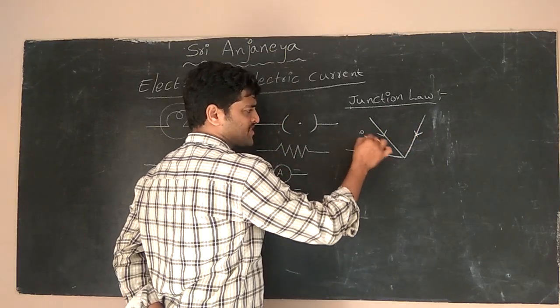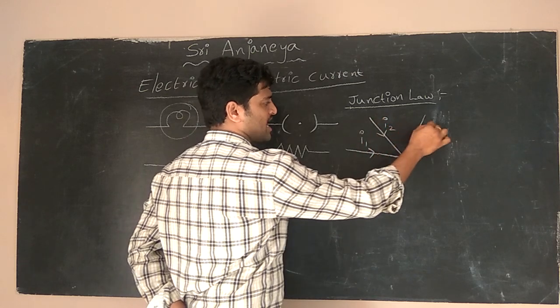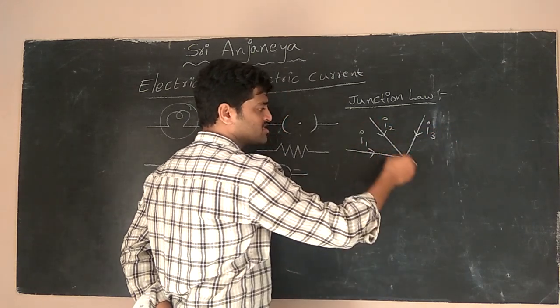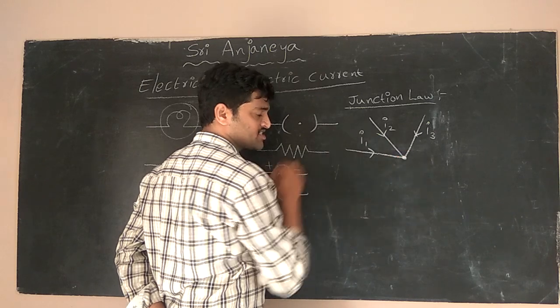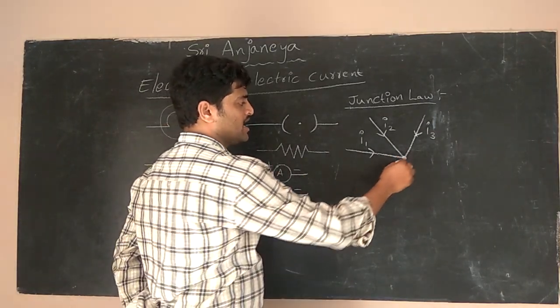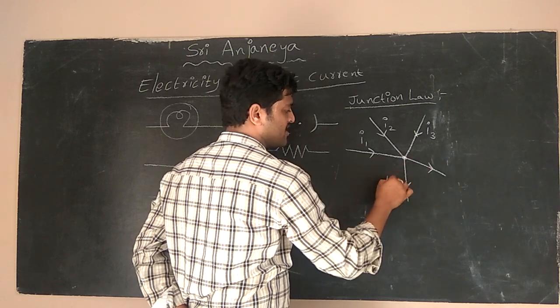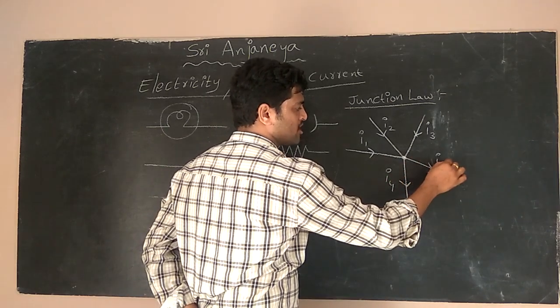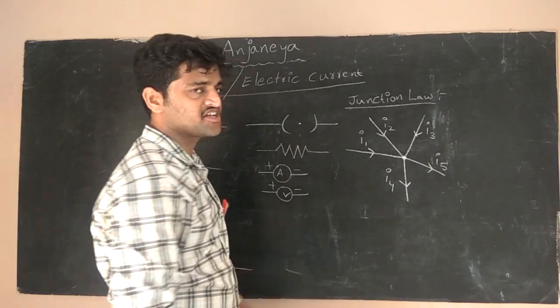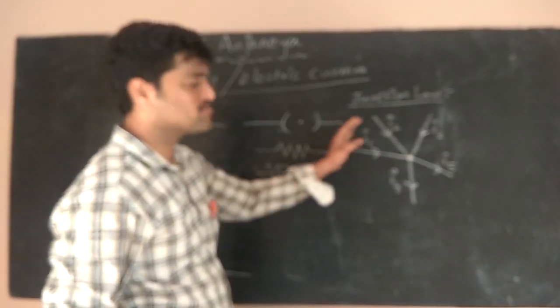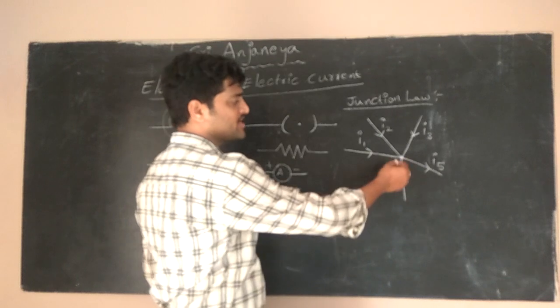Suppose I1, I2, I3 are the currents flowing towards the junction, and I4, I5 are the currents flowing out of the junction. A junction is nothing but a place where more than two wires are meeting together.